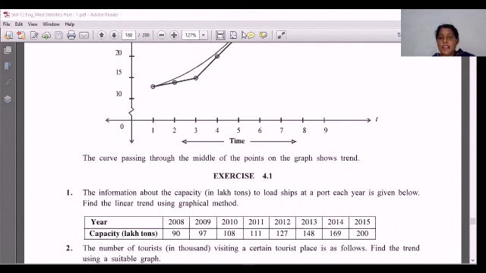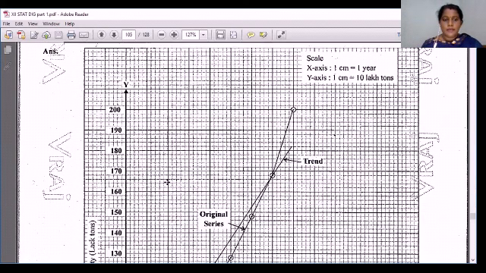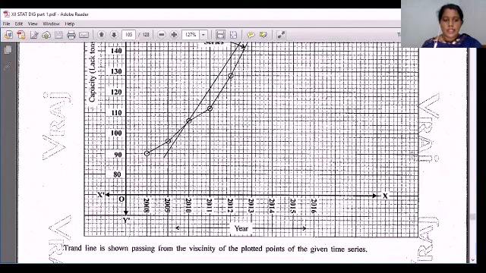Now let's see the graph. So this is your question. Now you have to write on the x-axis: time. Here it is given 2008, 9, 10 like this. You can also write sequence-wise numbers, as we have seen in the illustration, like 1, 2, 3, 4, 5, 6, 7, 8 and 9, till 9 you can write.